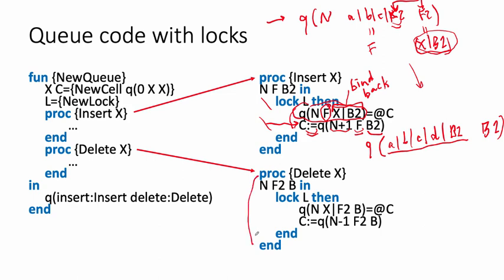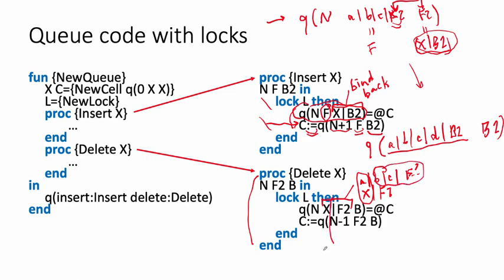Now the delete, let me show you very quickly how the delete works. Here this X bar F2 will be bound to the front of the queue. So if it's A, B, C with something, F prime, then this will bind it to X bar F2. So you see the X gets bound to A and the F2 goes to the rest.